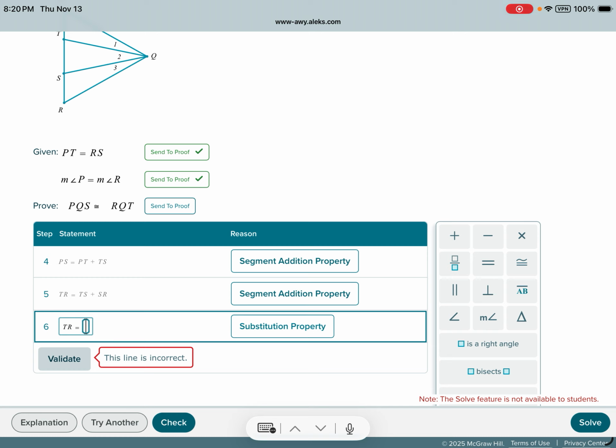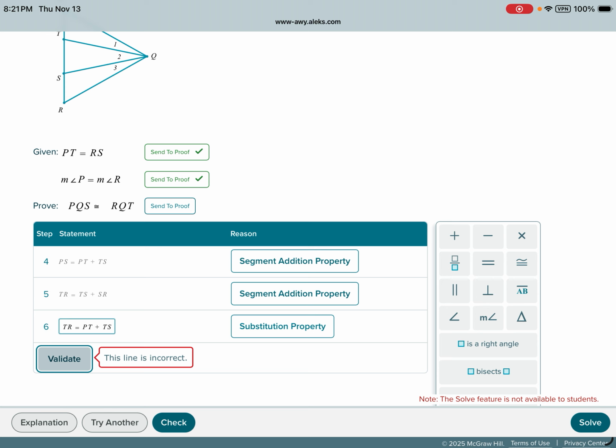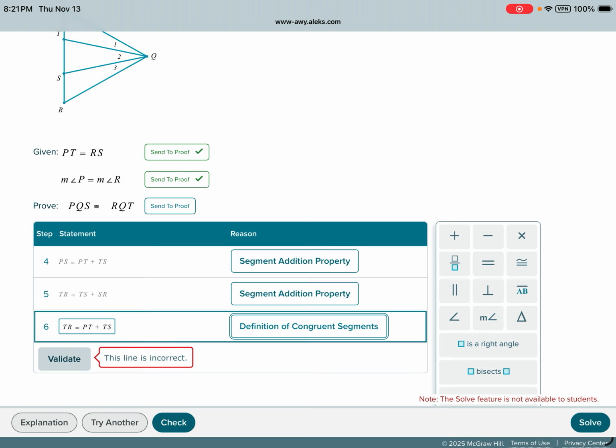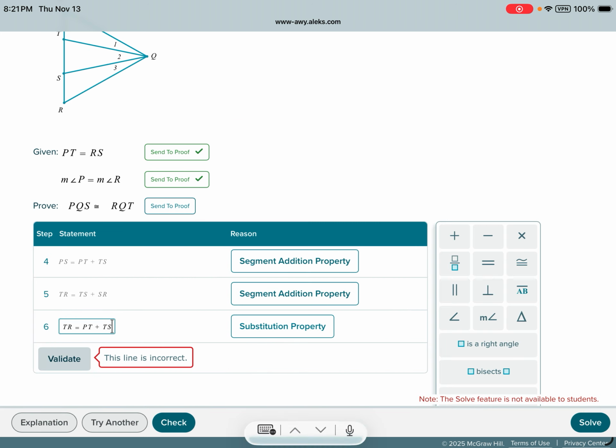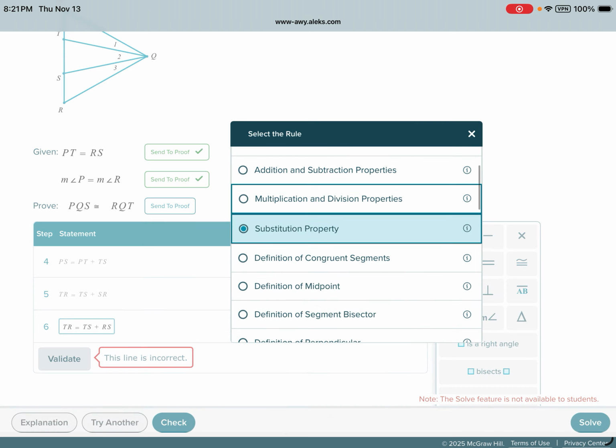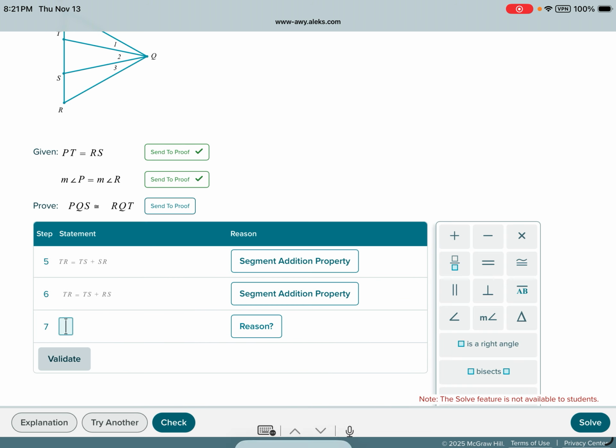Did I get all my givens in? PT plus TS. Well, they're not loving me. Okay, well, we're going to do it the other way around then. Maybe they don't love that I put in the RS backwards. And let's try it the other way.